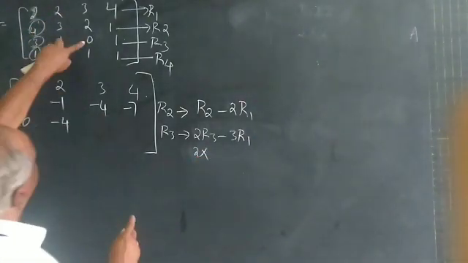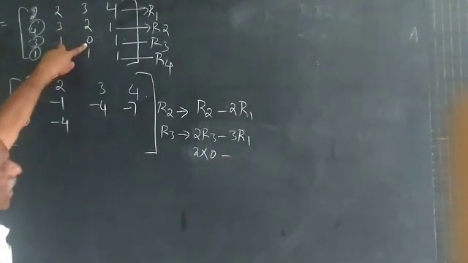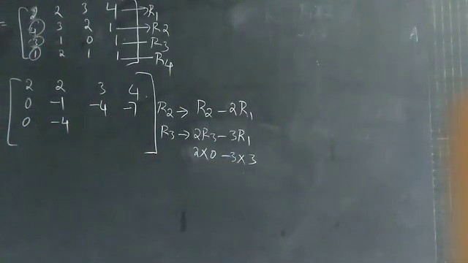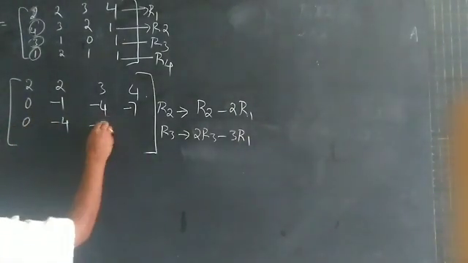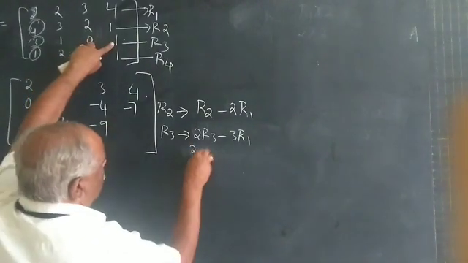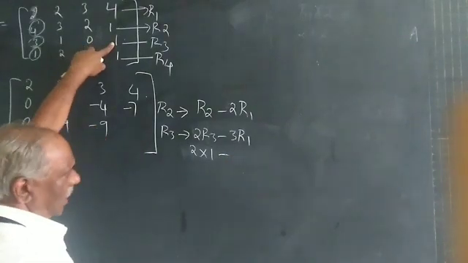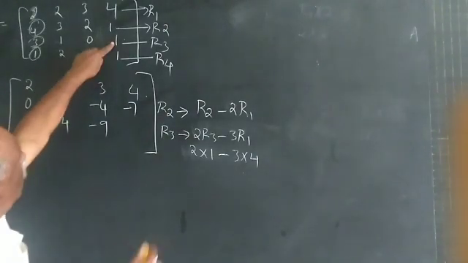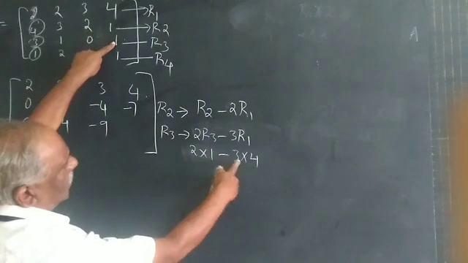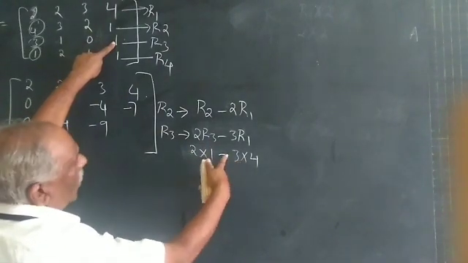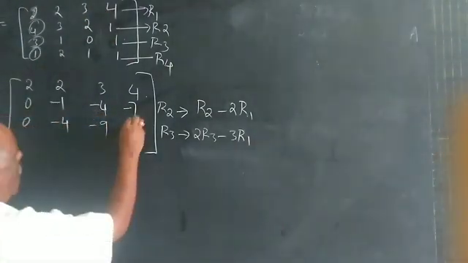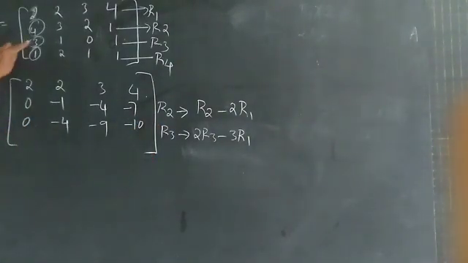Next, 2 into 1 minus 3 into 2: again minus 4. Next, 2 into R3, which is 0, minus 3 into R1, which is 3: that is minus 9. Coming to the last one, 2 into R3, which is 1, minus 3 into R1, which is 4: 2 minus 12, that is minus 10. So this element 3 is reduced to 0.